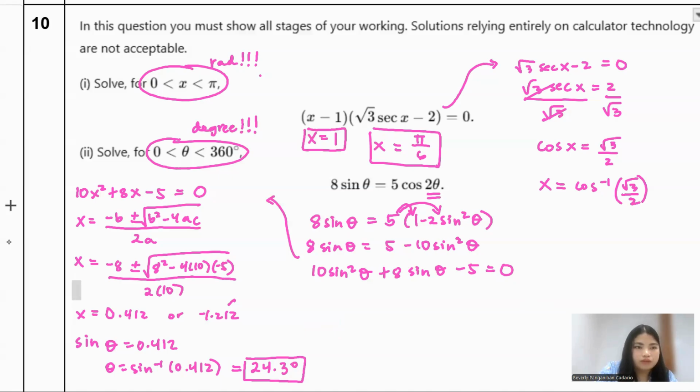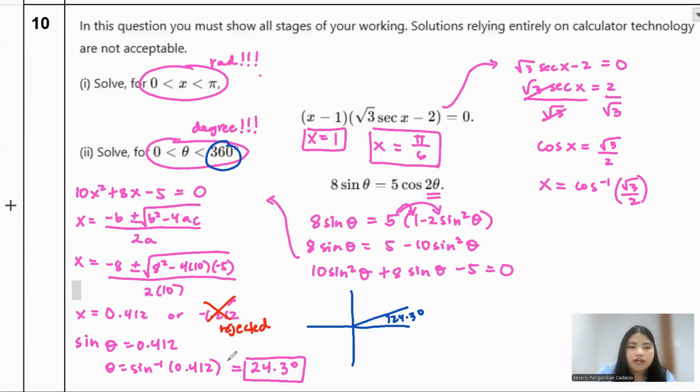So this one is rejected. But the other answer that I'm saying is that you still have another one, which is you're going to use again the ASTC or All Sine Tan Cos, which is, 24.3 is around here. But I need the whole rotation of 360 and your sine is positive.